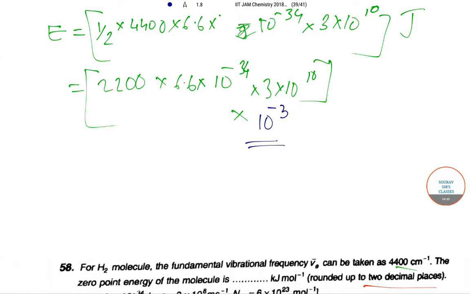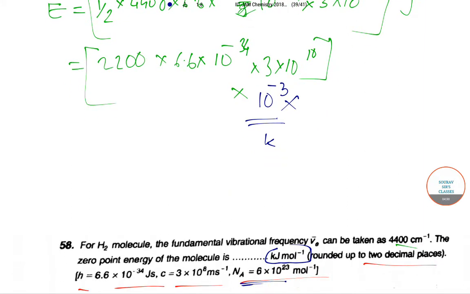This comes because we will convert it to kilojoules since we need the answer in kilojoules per mole. So this is in kilojoules, and we know that the Avogadro number, or Na, is 6 into 10 to the power 23 mole inverse. So in order to find the answer in kilojoules per mole, we need to multiply it with 6 into 10 to the power 23 per mole inverse.